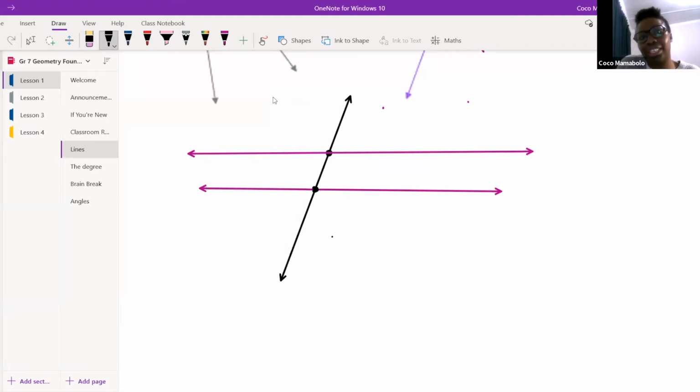It's no longer an intersecting line. What is it called? Transversal. Yes, ma'am. You got it. Yes, it's a transversal line. Do you see it? Transversal line. Yes, ma'am. Excellent.